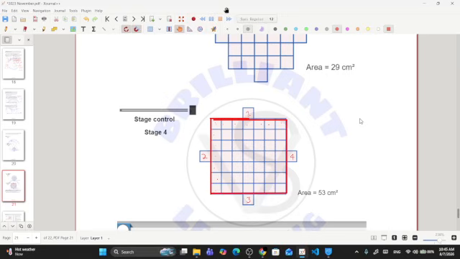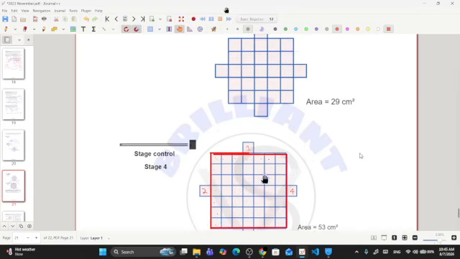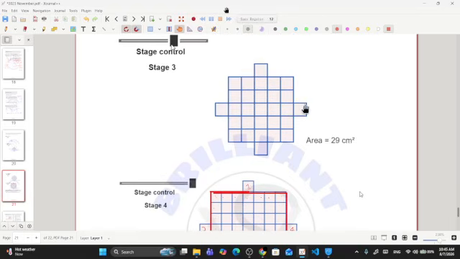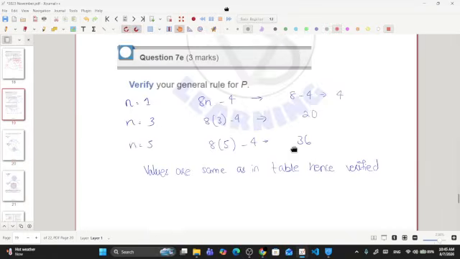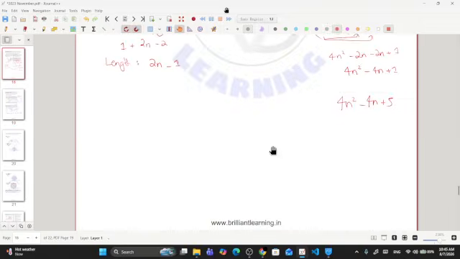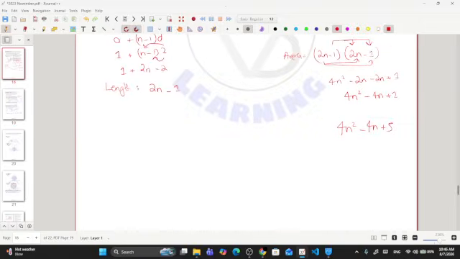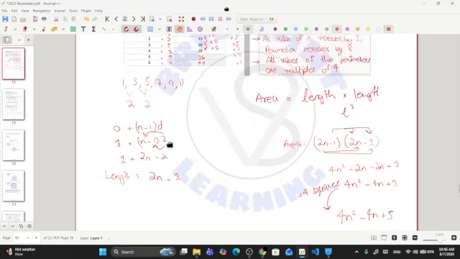So essentially, in all stages, there are 4 additional squares attached to the 4 outer sides, right? So when that adds up to 4 more squares, we get a total of 4n squared minus 4n plus 5. I hope that makes complete sense. You can write all of this down.